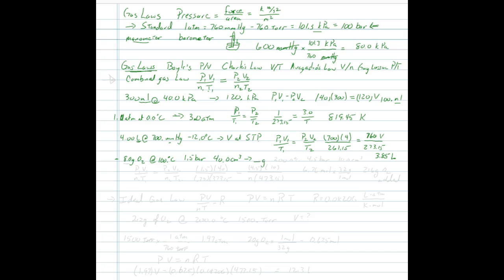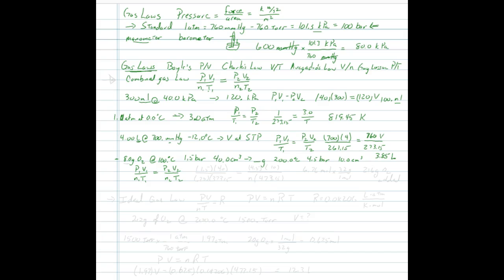How many grams of oxygen must be added to the container if the new conditions are 200 degrees Celsius, 4.5 bar, and a volume of 10 cubic centimeters? This one you need all 4 variables. P1, V1, N1, T1, P2, V2, N2, T2, because you have 4 numbers to plug in.